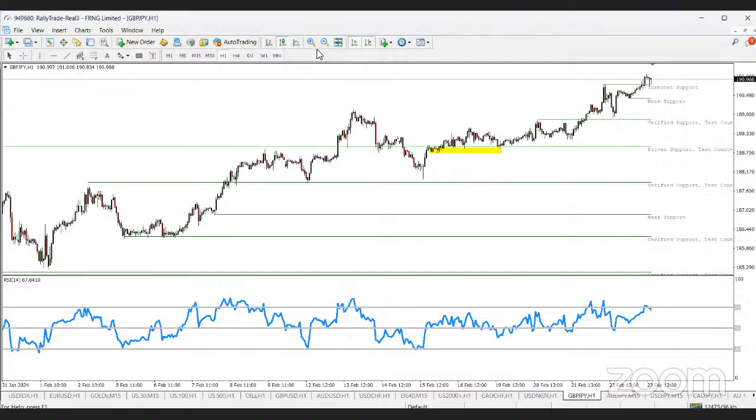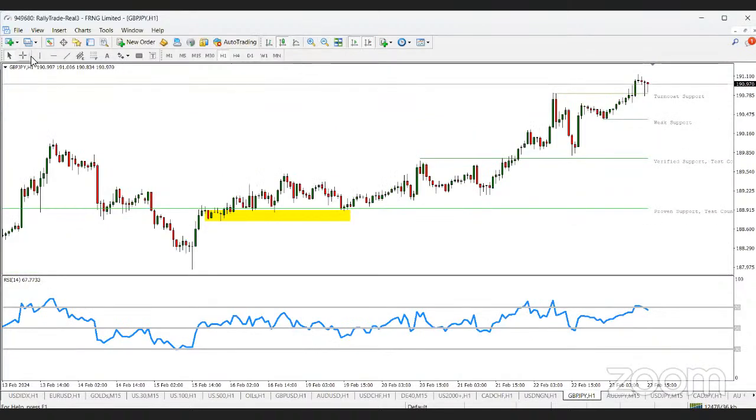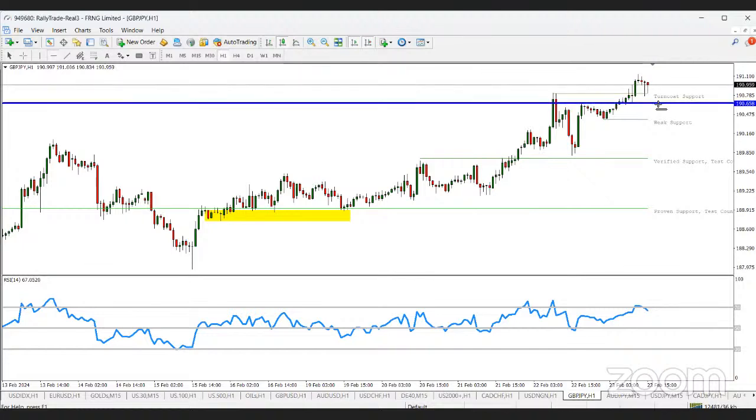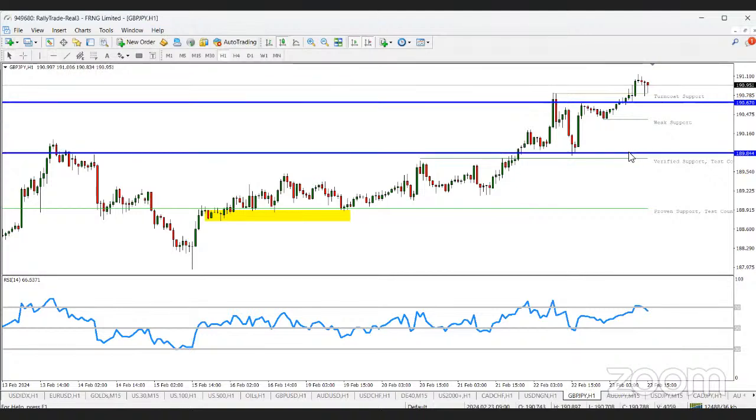So what you can do if you're trading GBP JPY, since it's a major fall, you can have a sell stop from 190.670, and we are targeting for price to come down at least 20 pips in the first place, to 189 point.